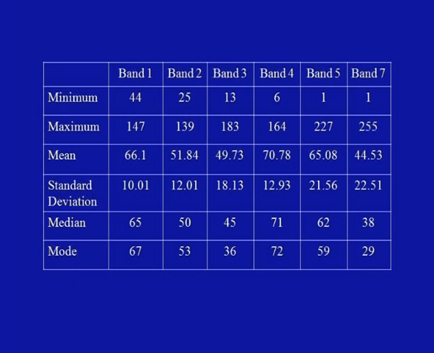The mean has been computed for each of these bands and it is 66.1, 51.84, 49.73, 70.78, 65.08, 44.53 respectively for the 6 bands, with a standard deviation of 10.01, 12.01, 18.13, 12.93, 21.56 and 22.51 respectively for the 6 bands.